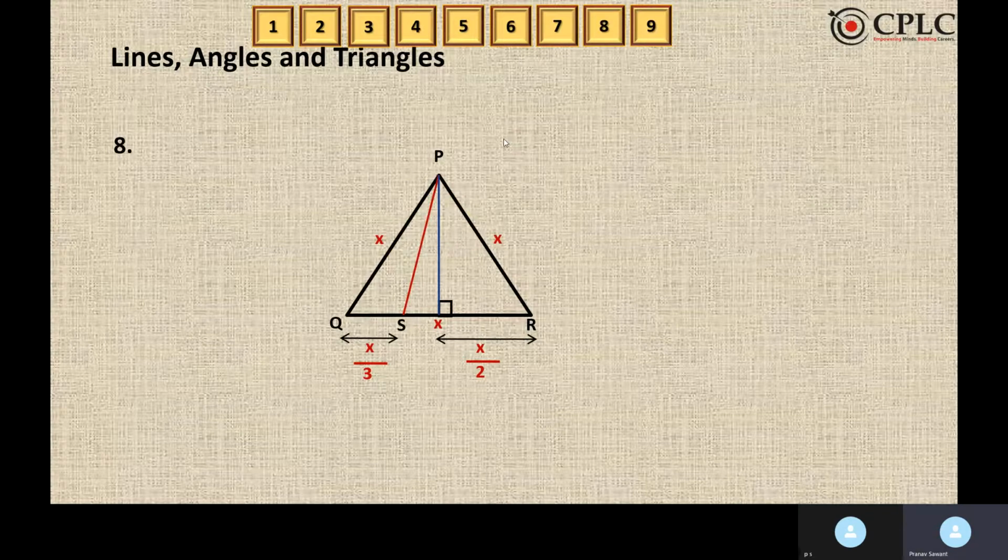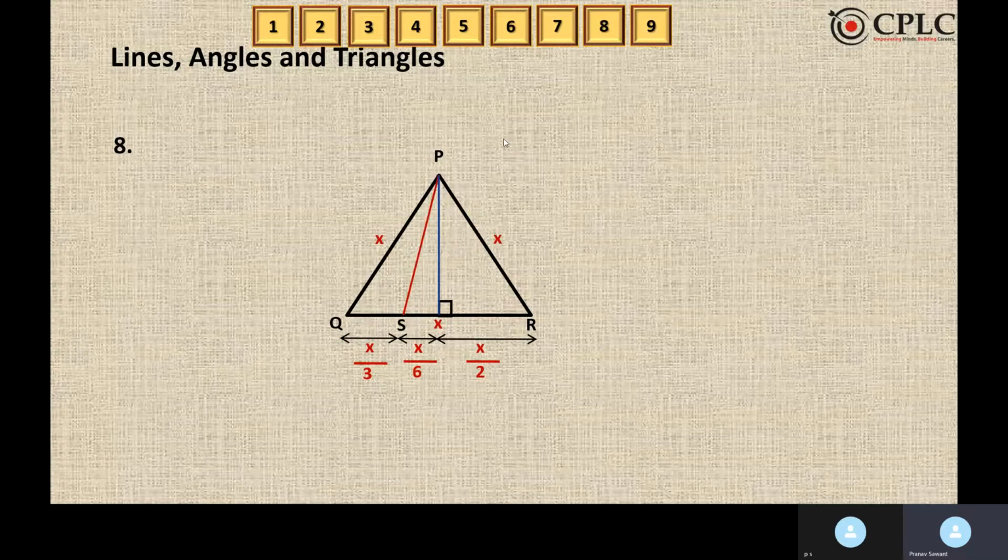Hence, if I say the value of QR is x, then XR is going to be x by 2, and the remaining QX is also going to be x by 2.